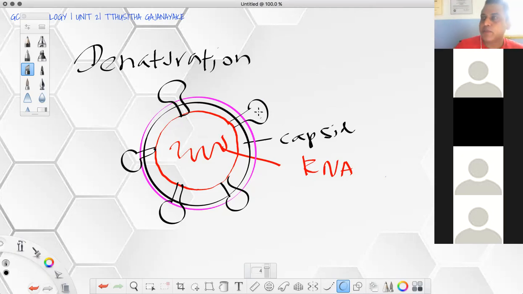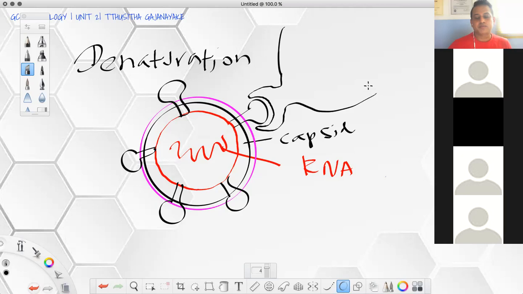Now this attachment protein's shape fits exactly with human cells, because the human cell has another protein which fits exactly to this protein. Let's say this is a human cell. So this is the reason the virus can infect humans: the protein on the virus can attach to human cells, because human cells have the exact shape which fits this protein.